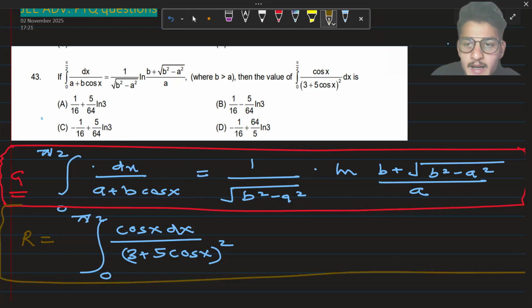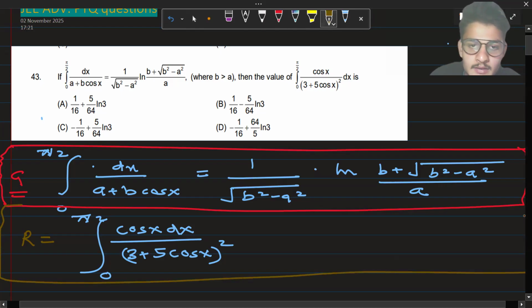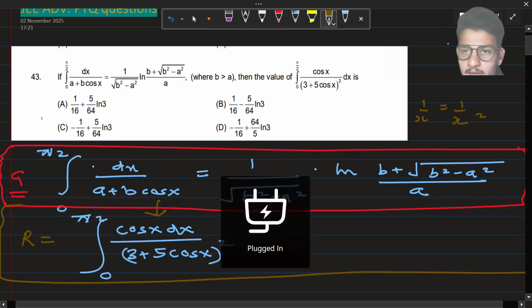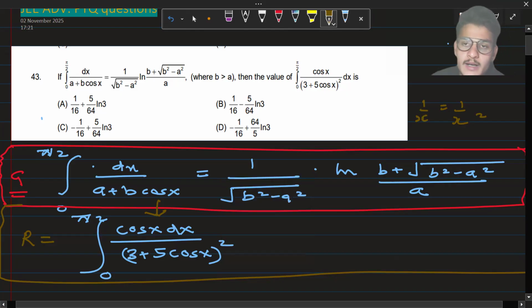How can you get the required from the given? This should be your intuition. So when you think that you need 1 by x square from 1 by x, how can you get 1 by x square from 1 by x?